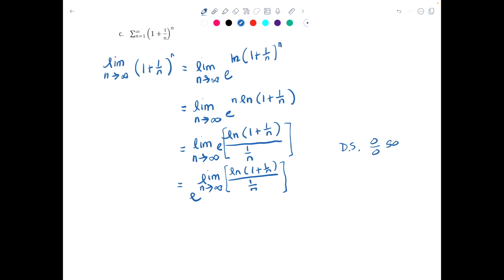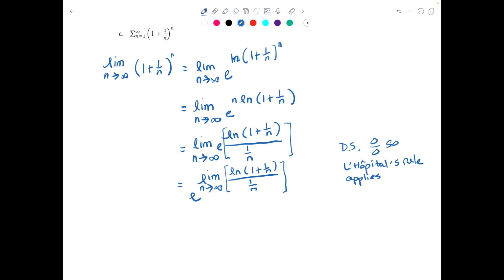And so L'Hopital's rule applies, because you'd get natural log 1 in the numerator, which is 0, and then you would get 1 over infinity, which is 0. That's why we get 0 over 0.